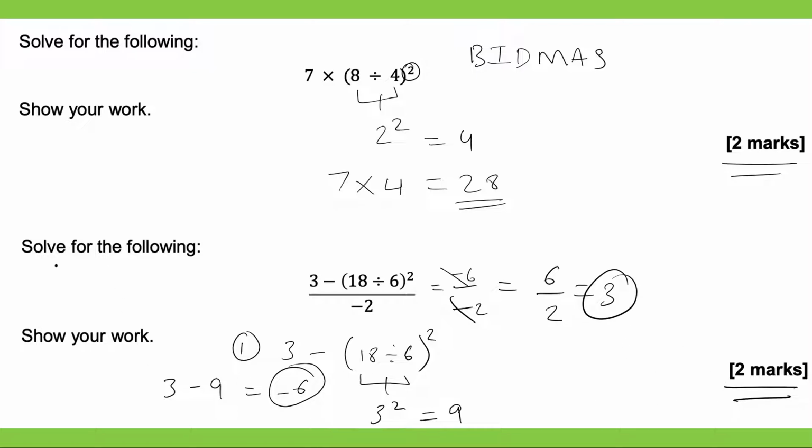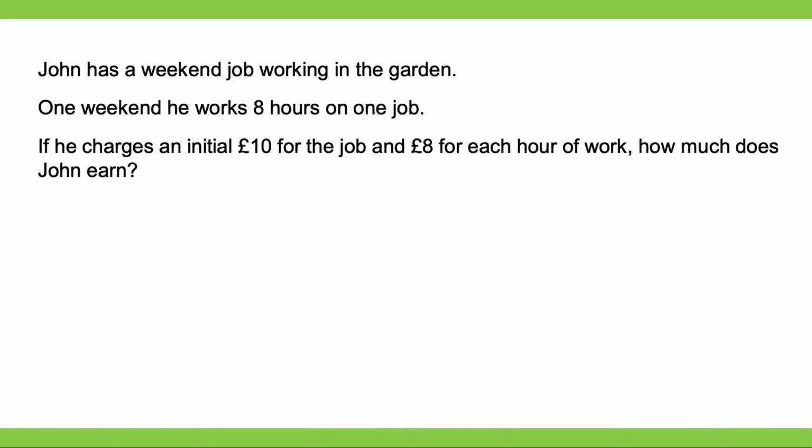Okay, John has a weekend job working in the garden. One weekend he works 8 hours on one job. If he charges an initial £10 for the job and £8 for each hour of work, how much does John earn? So John has a weekend job, we know that, and for 1 hour of work he charges £8.